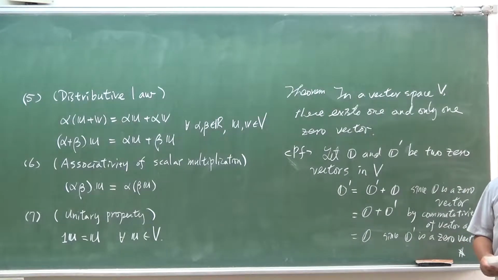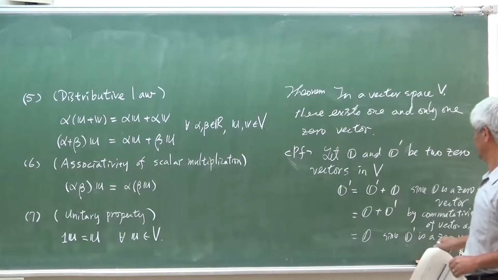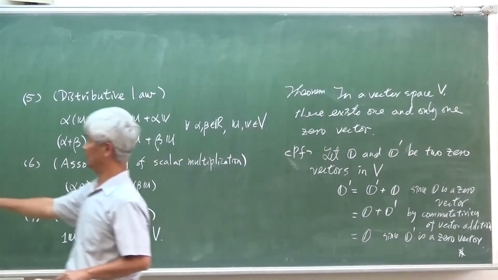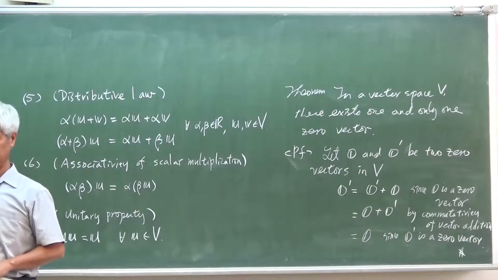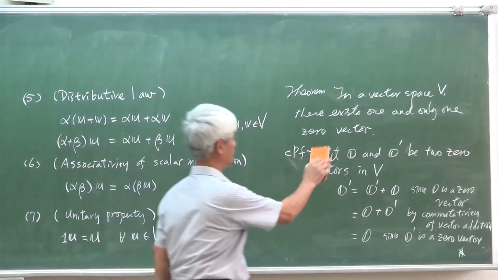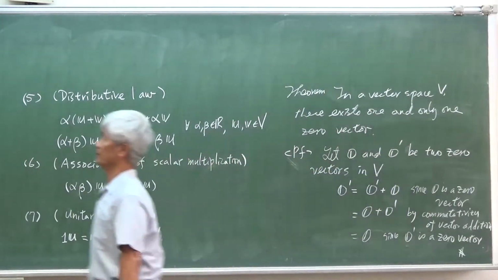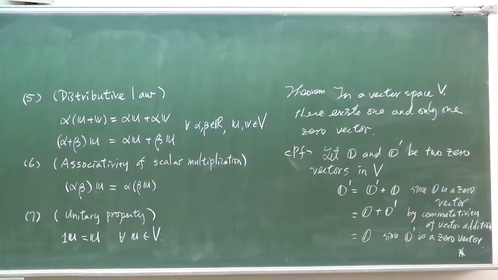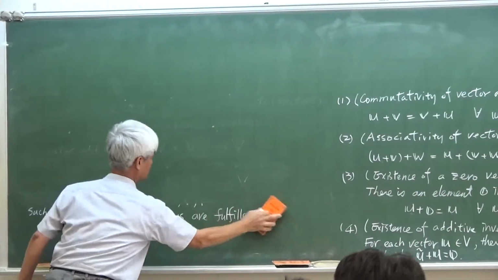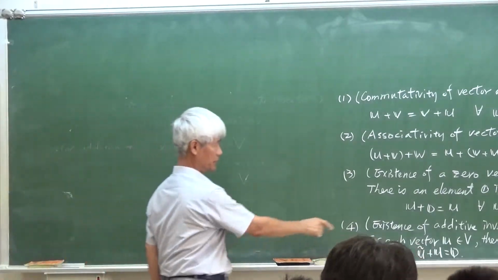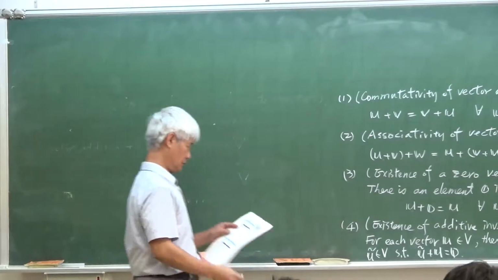Any questions? Alright, so you know the 0 vector. In a vector space, there is one and only one 0 vector. So we establish the uniqueness of the 0 vector. The next thing is we want to establish the uniqueness of the additive inverse for any vector.